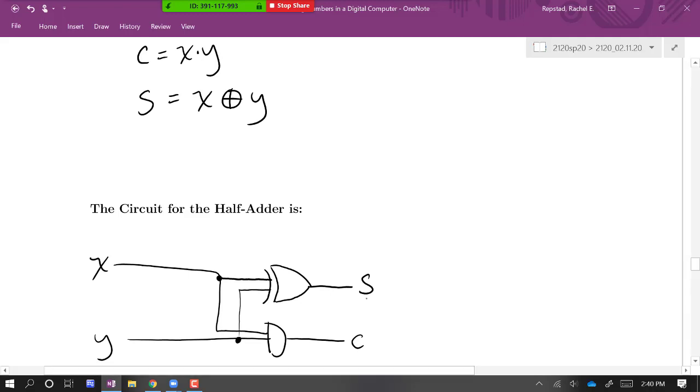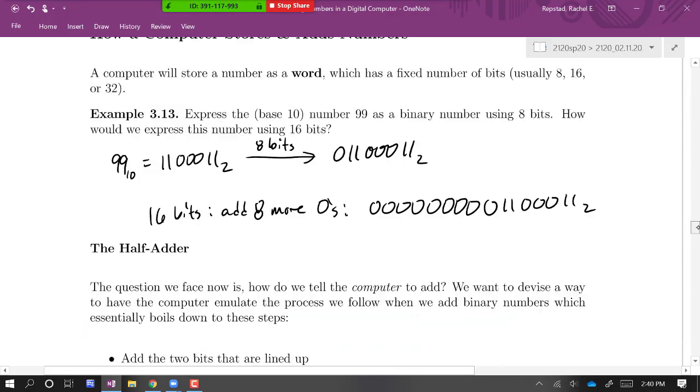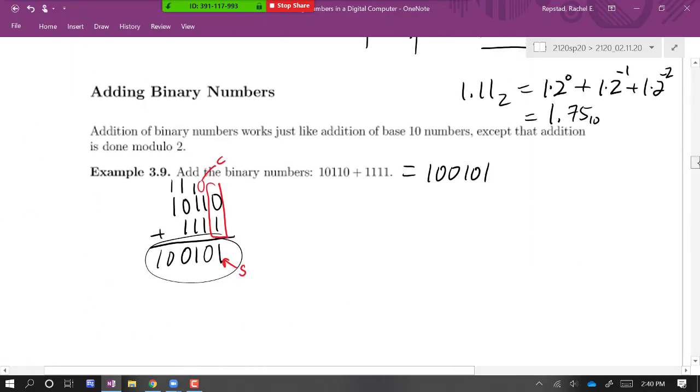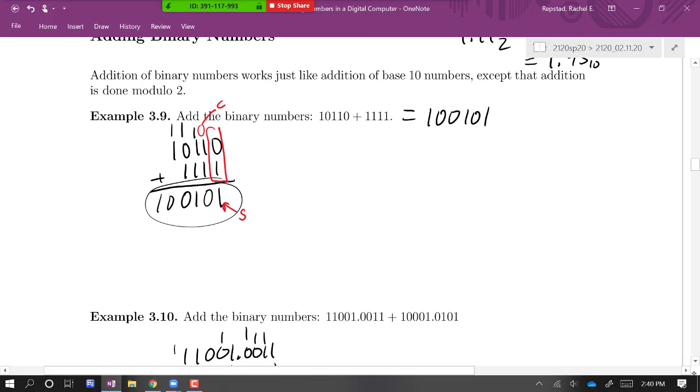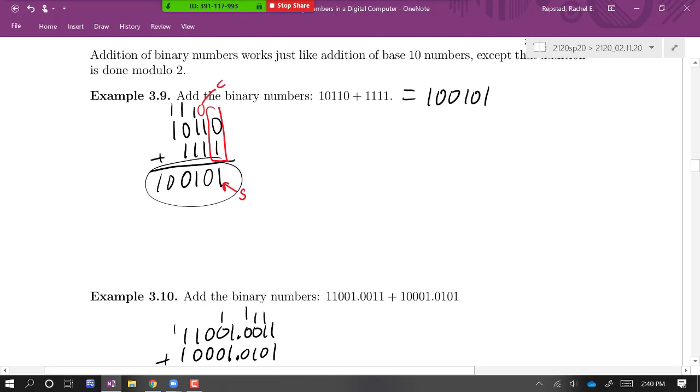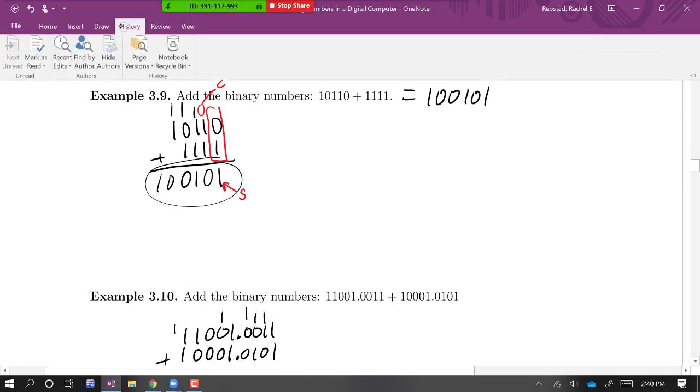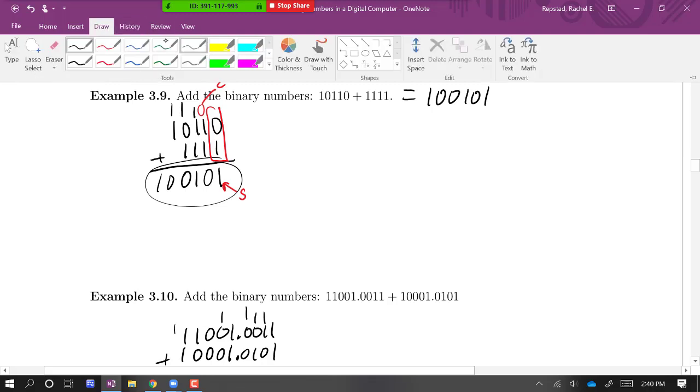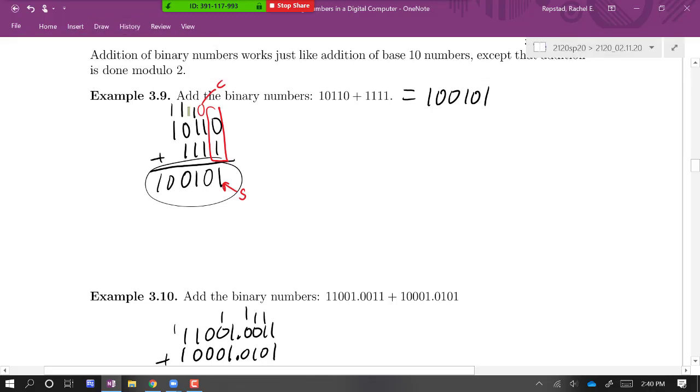The half adder is kind of incomplete. It doesn't really do the whole job for us, because I'm going to scroll back up to a few examples ago, one of the problems we did Tuesday. If I only allow myself to consider the 2 digits we're adding in the original numbers, I'm going to miss a scenario like this.